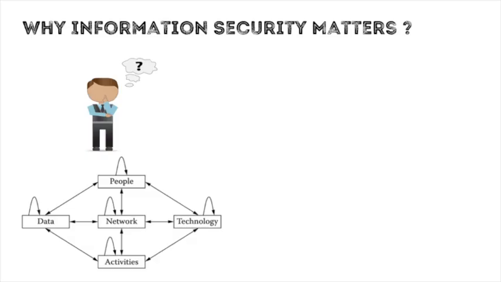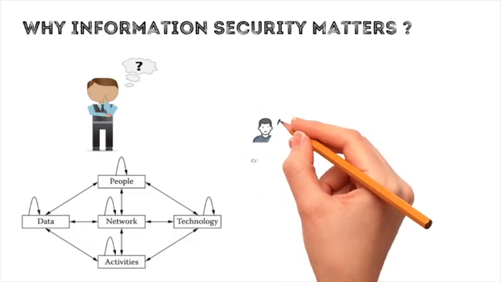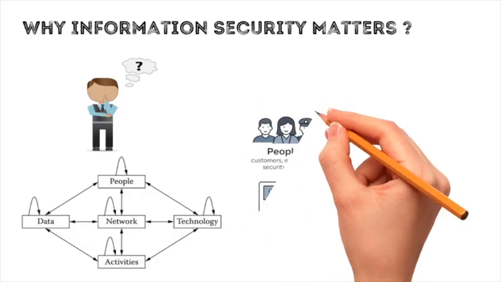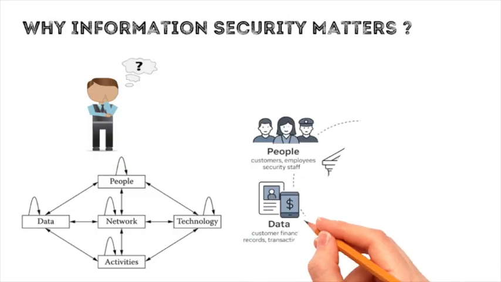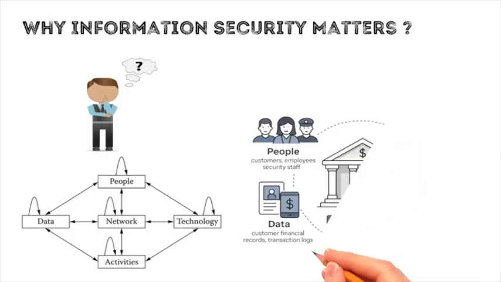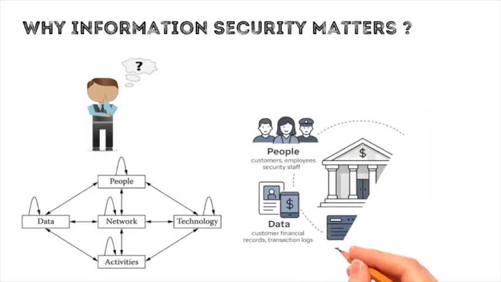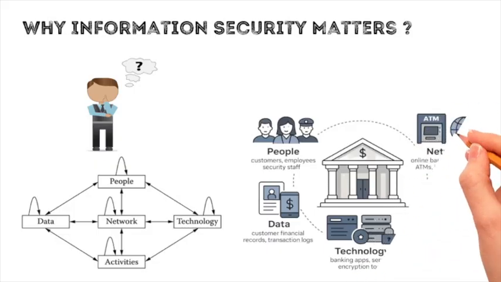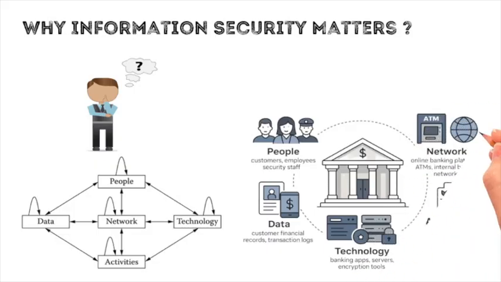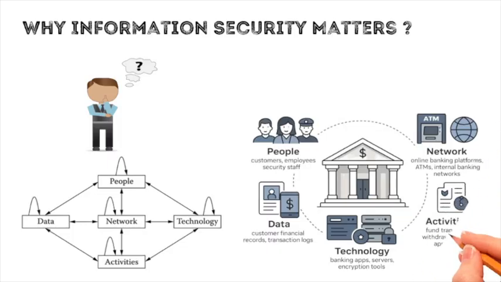Bank example. For example, in a bank, security isn't just about technology. People: customers, employees, and security staff. Network: online banking platforms, ATMs, and internal banking networks. Activities: fund transfers, withdrawals, loan approvals.